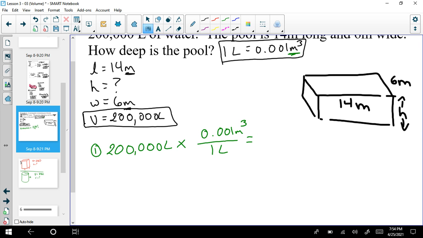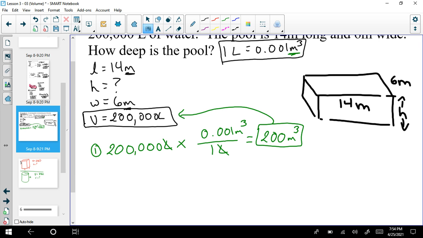And then I have my equal sign. So I would do 200,000 times 0.001 meters cubed divided by 1 liter. So then my liters cross out and I end up with 200 meters cubed.